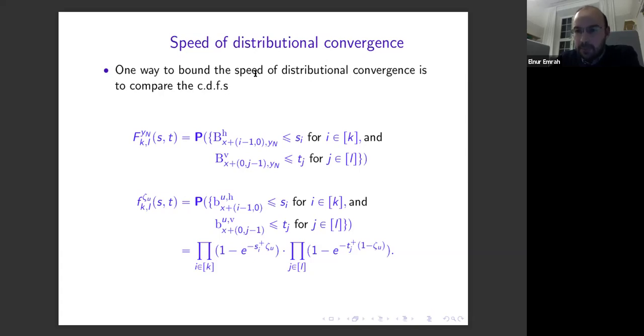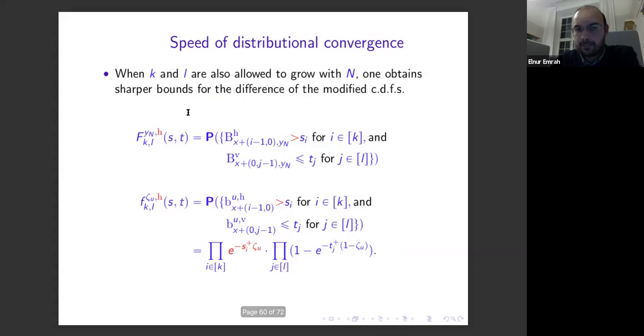Now, it turns out that, for technical reasons, if we also allow K and L, which denote the lengths of this L-shaped path, to grow with the scaling parameter n, then it is easier to bound not the difference of the CDFs, but the difference of the modified CDFs that are obtained as follows.